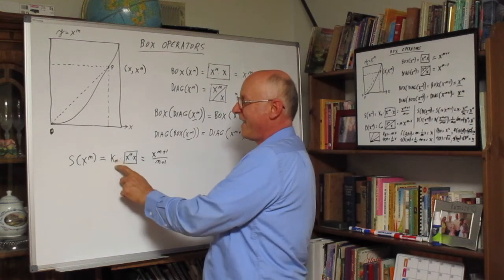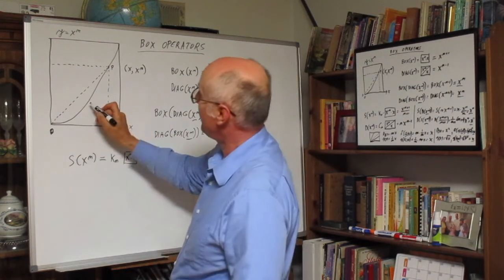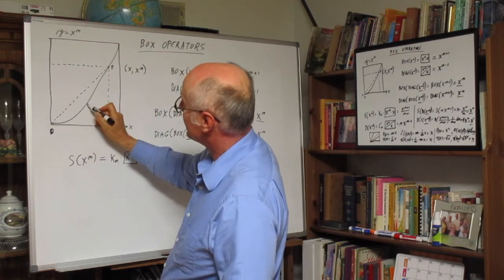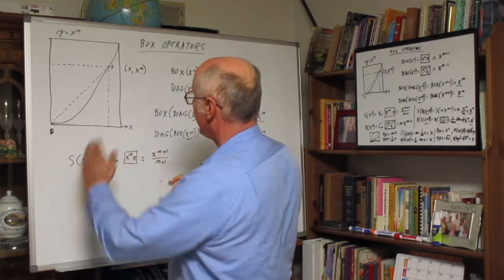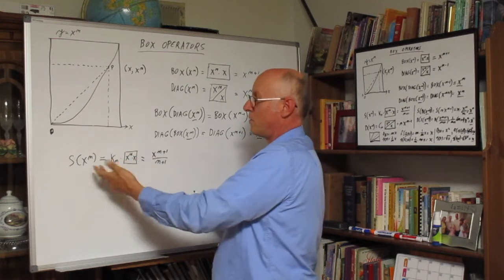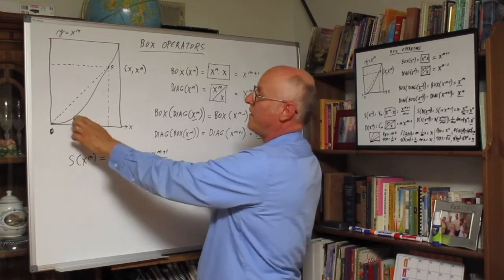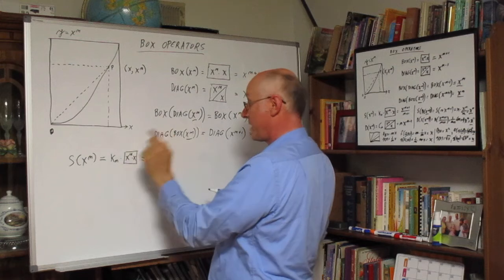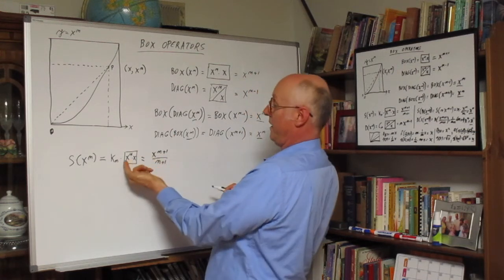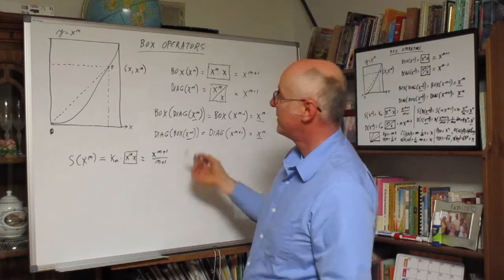That's why it's the same no matter where you are. Let's say you're over here or here. It doesn't matter. The ratio stays constant. And so the signed area of this wedge is this k sub n, which is 1 over n plus 1 times x to the n plus 1.